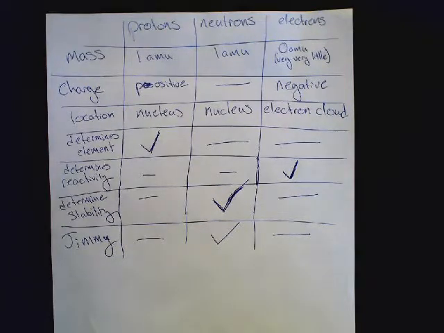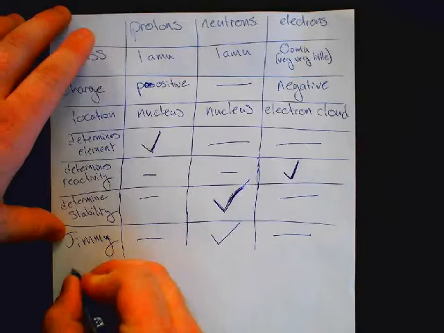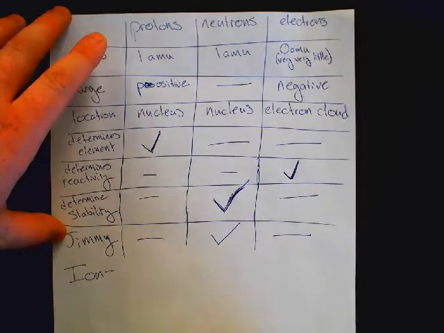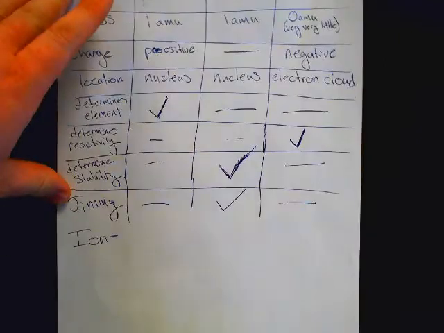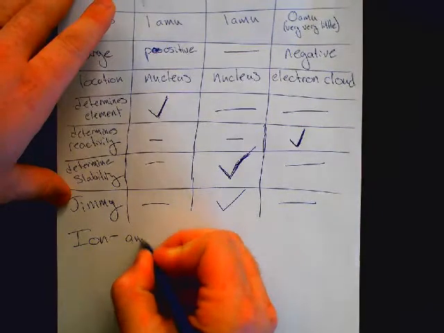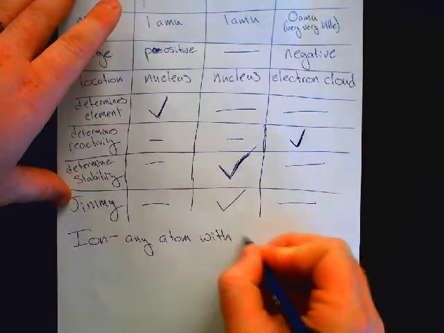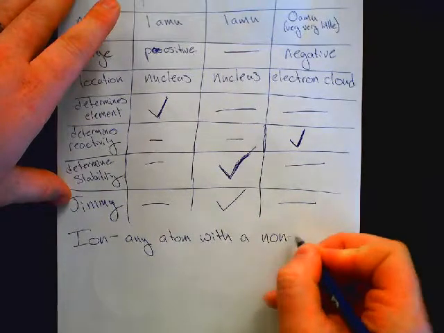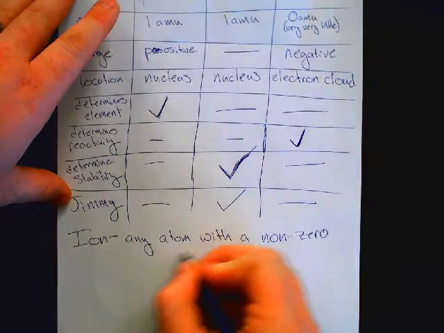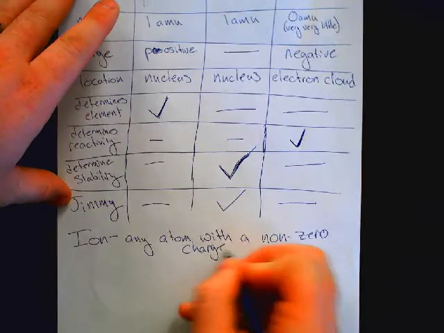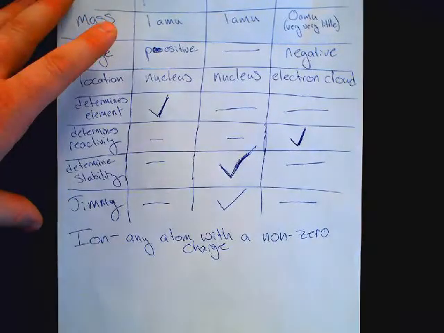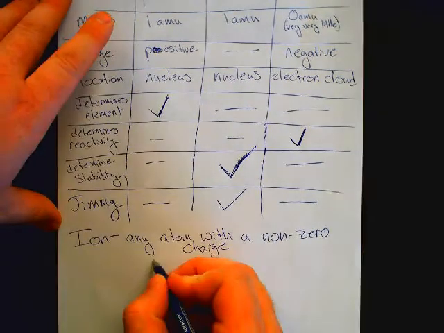I heard it. Ion. And an ion is any atom with a non-zero charge. Now, this can be made by either taking away or giving extra electrons.